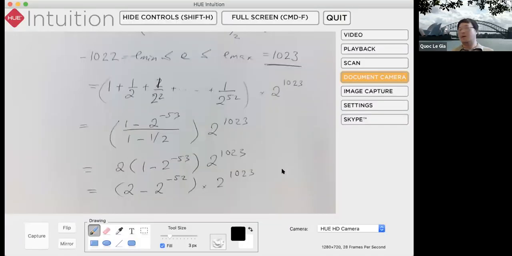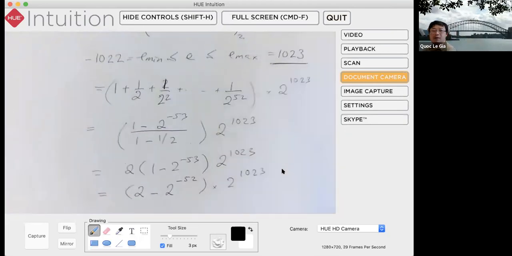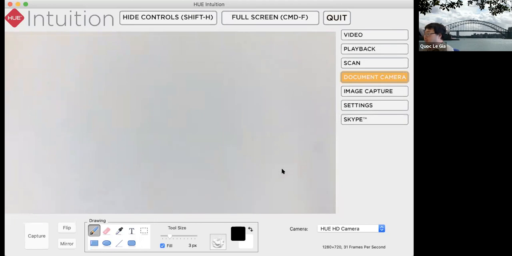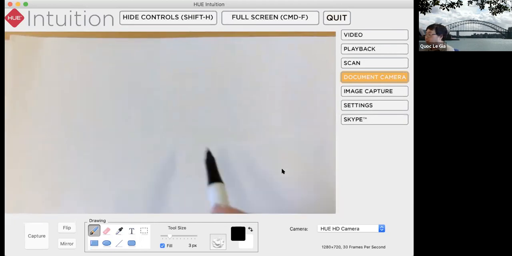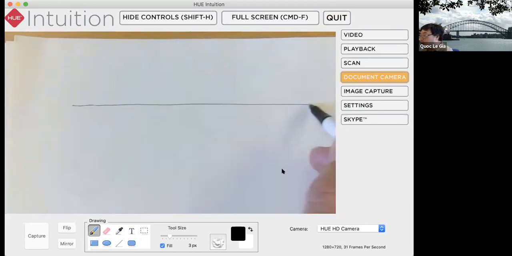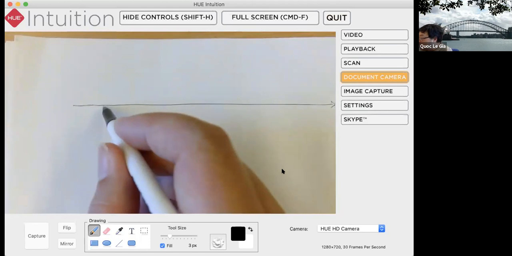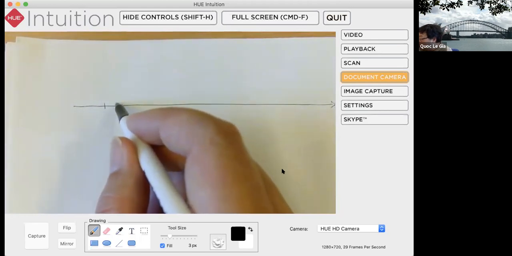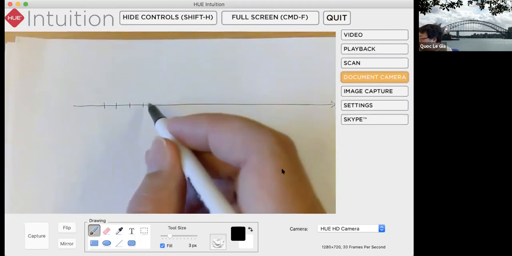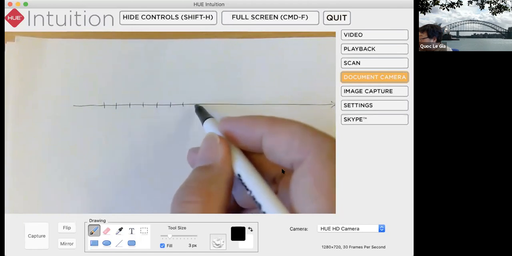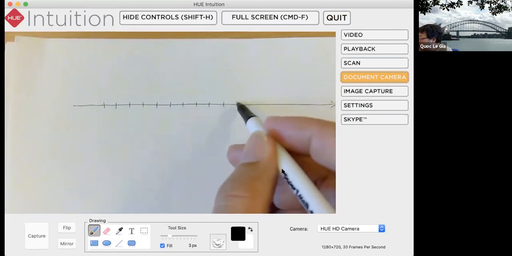Back to the paper. Now suppose you have a real number. Remember, with real numbers you have infinitely many numbers, and the numbers inside the floating point number system are just finitely many.